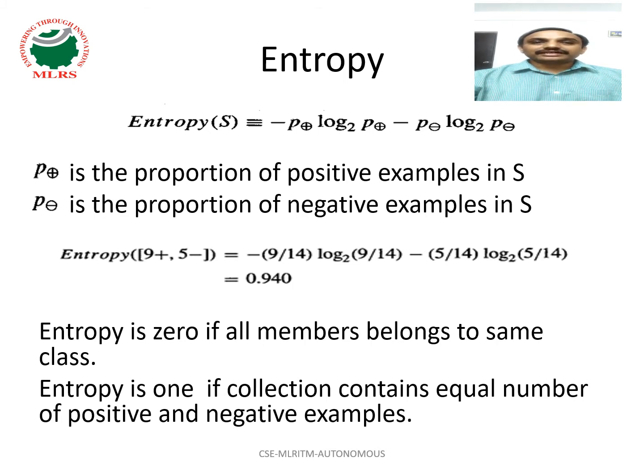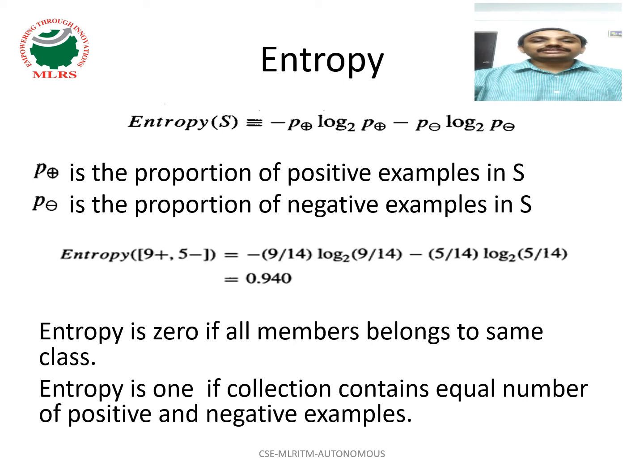P minus is the proportion of negative examples in data set S. How many negative examples are there? 5 negative examples. So P plus becomes 9 by 14, where 14 is the total number of days we considered, and P minus is 5 by 14. Here two things we have to consider.